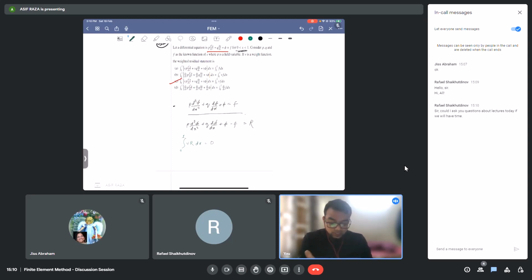The weighted residual method says we satisfy this governing differential equation in a weighted sense. We do not satisfy it at every point, but it should be satisfied throughout the domain in a weighted integral sense.